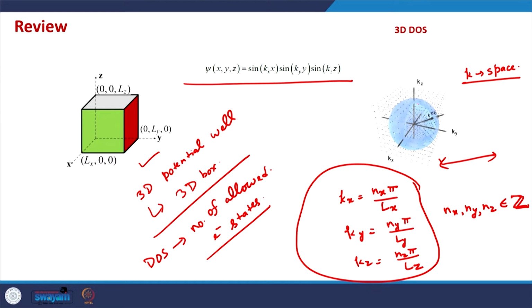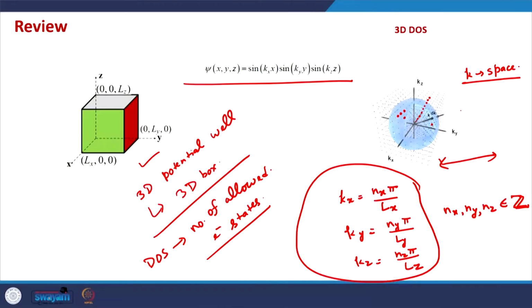Each point in this space belongs to an allowed electronic state. So, each of these points is an allowed electronic state, but we have not considered the spin degree of freedom of electrons. This is just the spatial wave function, the wave function of electrons in space.